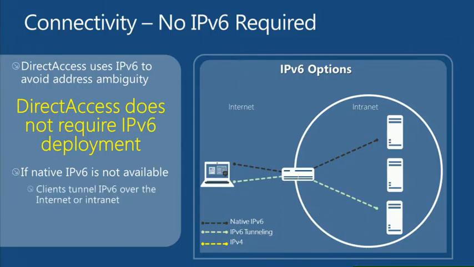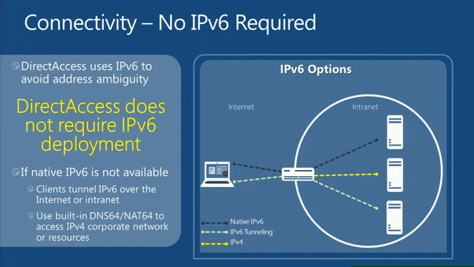If IPv6 is not available, then the clients will use transition tunnel technologies to tunnel traffic over v4, either UDP or SSL. The technologies in play are called Teredo and IP-HTTPS to get the traffic to the DirectAccess server.